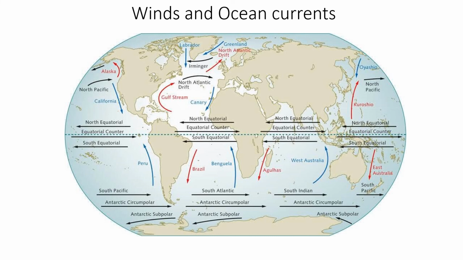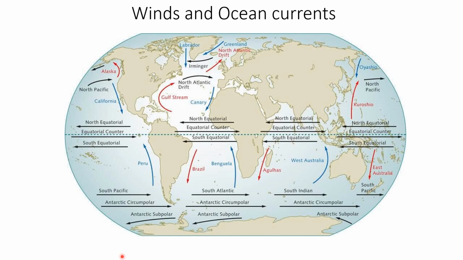Similarly, ocean currents increase or decrease the temperature of the Earth's surface. So, the warm ocean currents along the coast make the coastal areas warmer, and cold currents make it cooler than usual.